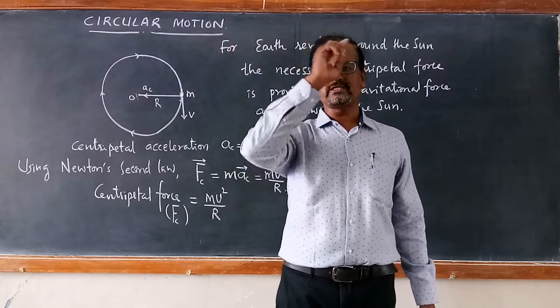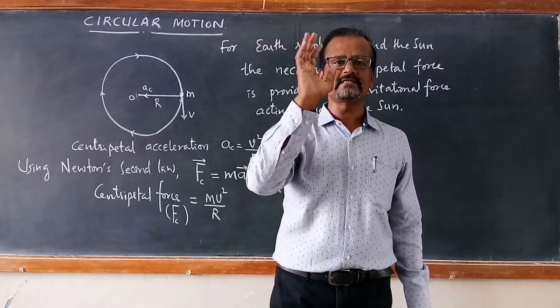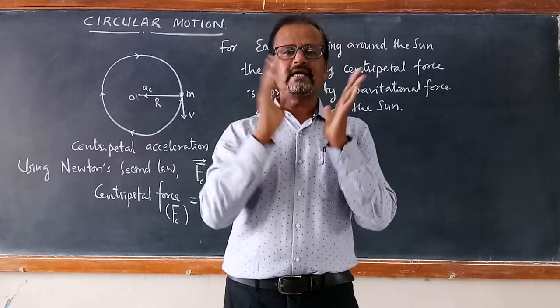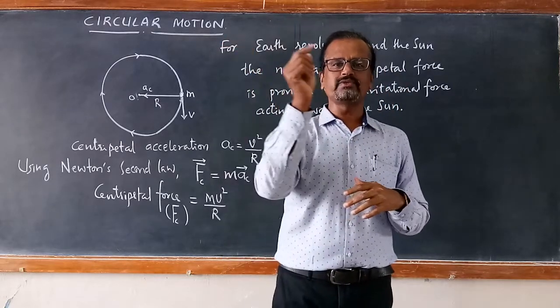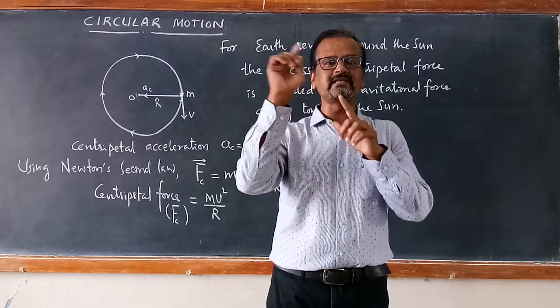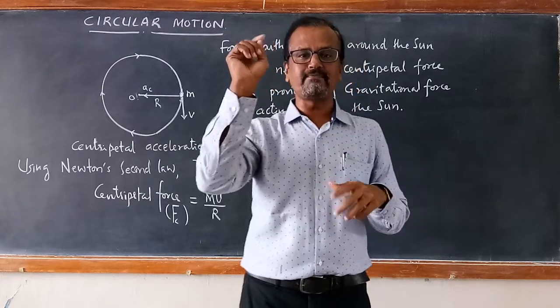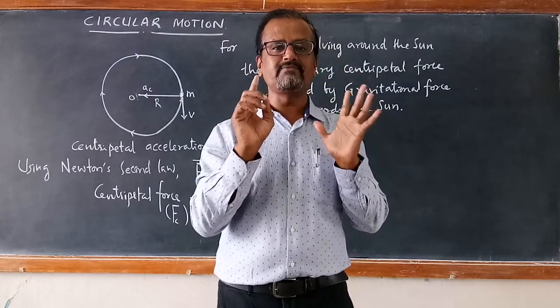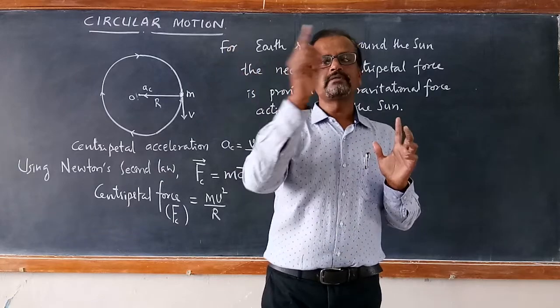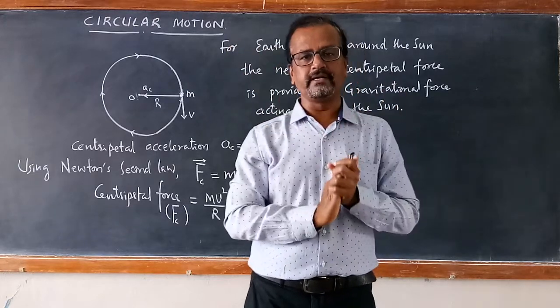You will feel the tension in the thread. The tension itself provides the necessary centripetal force for a stone tied with a thread revolving in a circular path with constant speed.